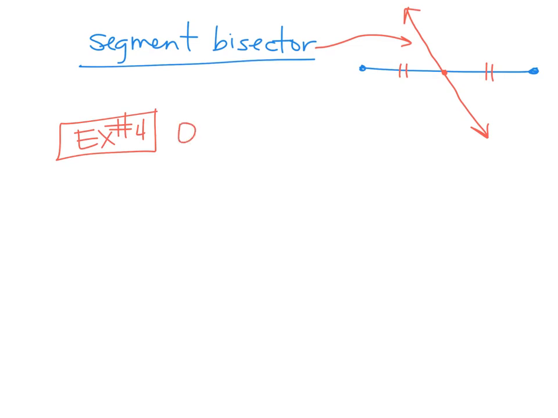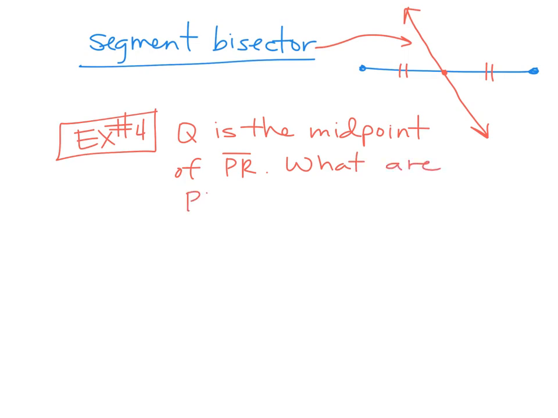So if I tell you Q is the midpoint of PR, and then I ask, what are PQ, QR, and PR?